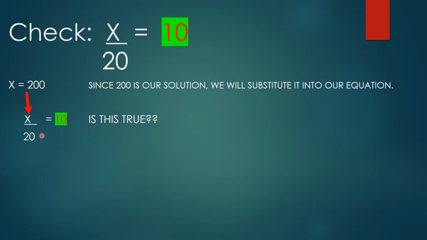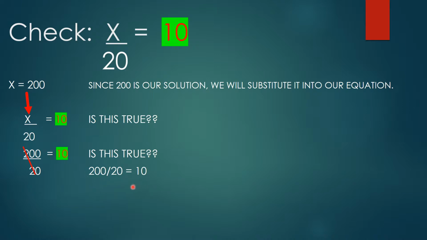So when I do that, on the left side of the equal sign, I get 200 over 20 equals 10. So we ask ourselves, is this a true equation? Not quite there yet. So we still got to do a little bit more calculations. So I've got 200 divided by 20, and these are going to simplify now. And so I ask myself, what is 200 divided by 20?